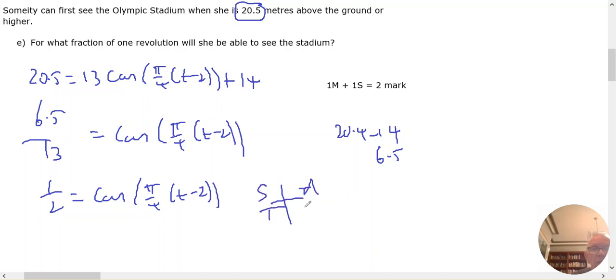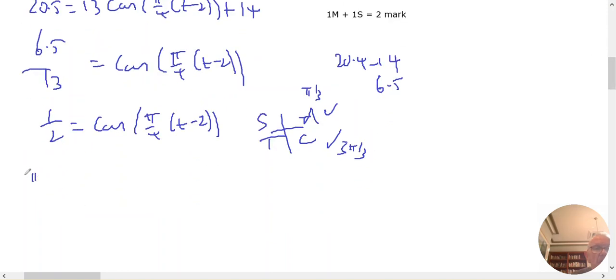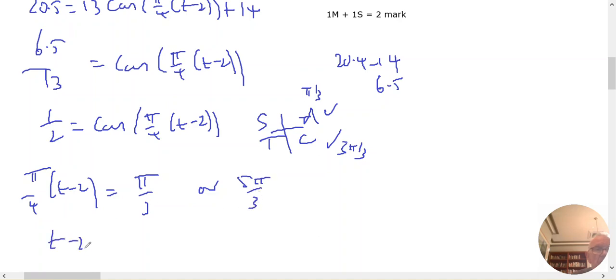All stations to Coolaroo, where is cos positive? First and fourth. And for an answer of a half, then it's going to be pi on 3 or 5 pi on 3. So I've got pi on 4 t minus 2 equals pi on 3 or 5 pi on 3. So that t minus 2 will be divided by pi on 4, so pi on 3 times 4 on pi, or 5 pi on 3 times 4 on pi.